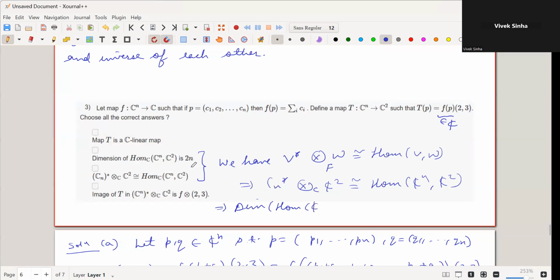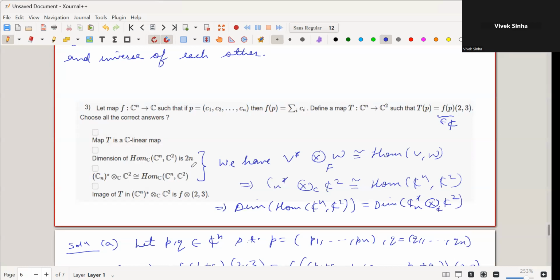Hom(C^n, C^2) has the same dimension as C^n star tensor C^2.